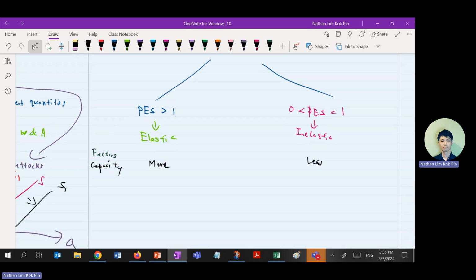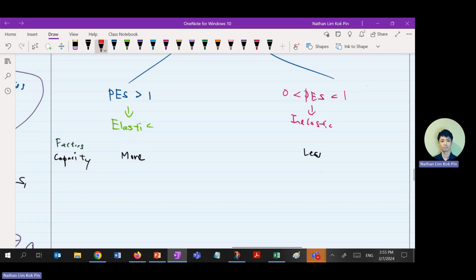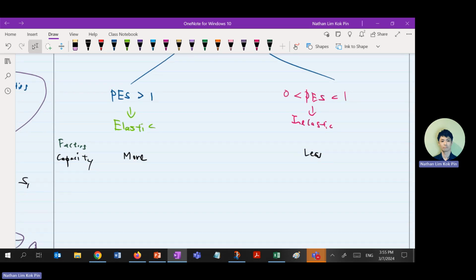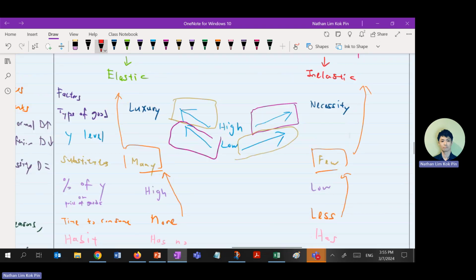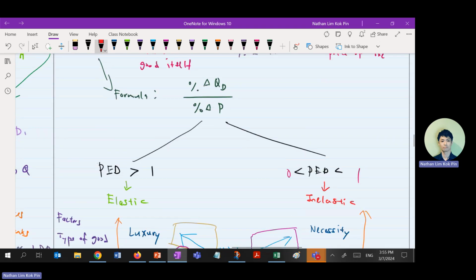Second one is what, for PES? Any idea? Expectation of future price. I forgot to write supply determinants.